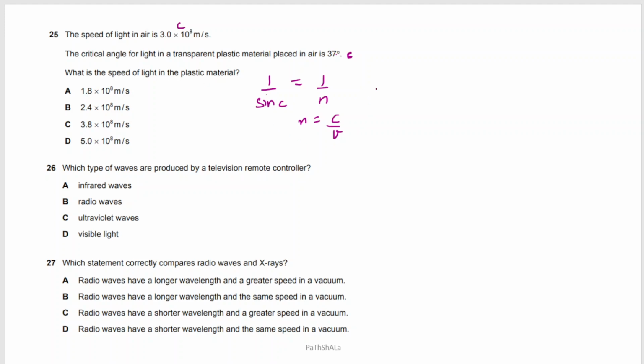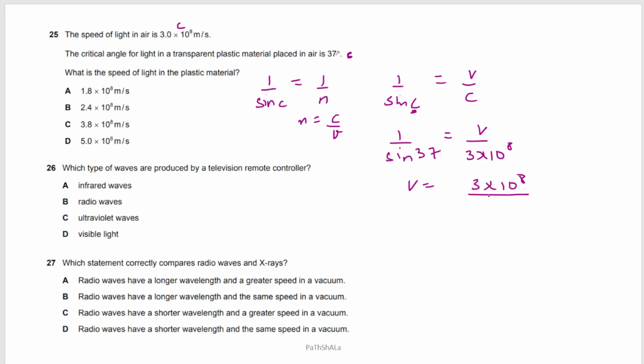So 1 upon sine c, where c is the critical angle, is equal to c upon v. So 1 upon sine 37 is equal to 3 into 10 to the power 8 over v, so v is 3 into 10 to the power 8 times sine 37. Sine 37 is 0.6.